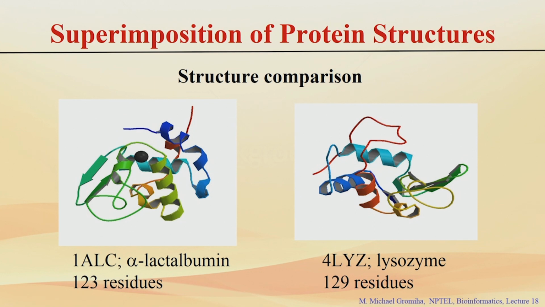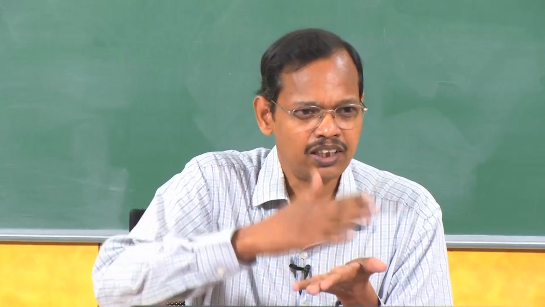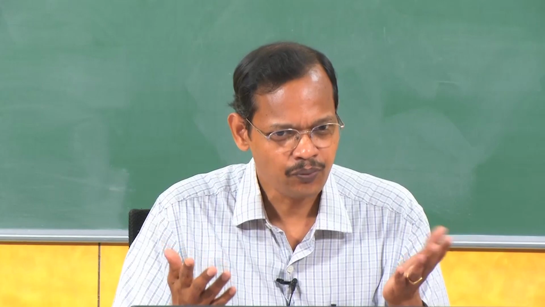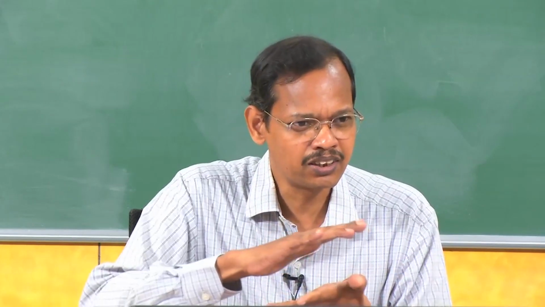See these helices here, similar types of helices, and the strands here, similar types of strands. So how different are the structures? In this case, put one structure and put the other on top and measure the distance between the different locations. This will give you the root mean square deviation, which tells you how far these 2 proteins can be aligned.